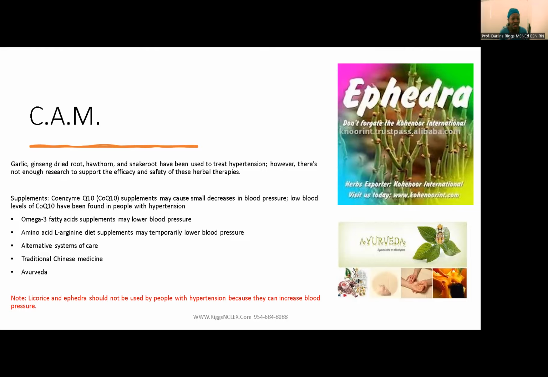And this is education, because sometimes people just don't know, right? And especially with islanders, they just don't know about the mixture. So if the client is using garlic, right, to lower their blood pressure, or ginseng, hawthorn, snake root, be familiar with those because they're known to be used to treat hypertension. And here goes the client doing this to decrease hypertension and on a prescribed antihypertensive.